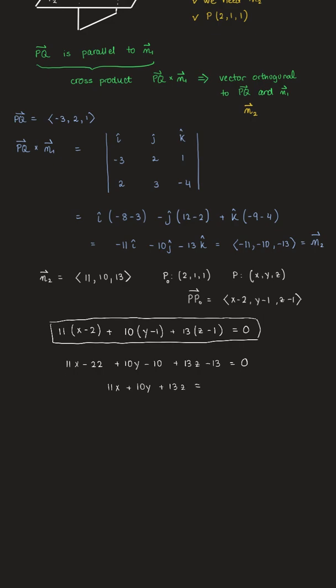So negative 22 minus 10 is negative 32 minus 13 is going to be negative 45. When I move it to the other side, that will just be 45. Let me just check that. That's negative 32 minus 13. Yep. Looks good. So there is the equation of the plane that we were looking for.